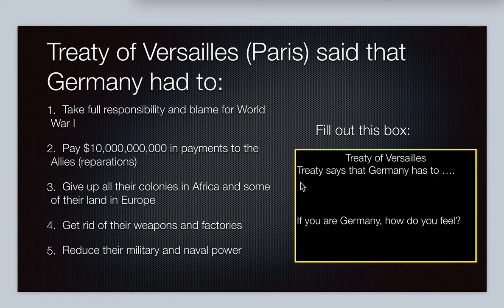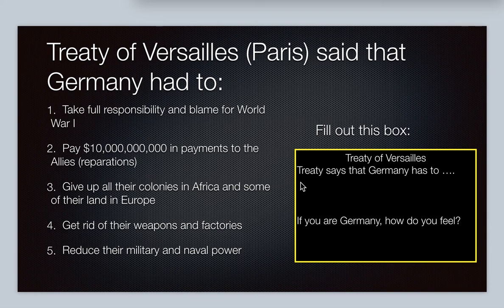Basically what it means is they have to pay for all of the damage that they did during the war. That's an awful lot of money. Number three, they had to give up all their colonies in Africa and some of their land in Europe. So the entire German nation is going to look different, okay?